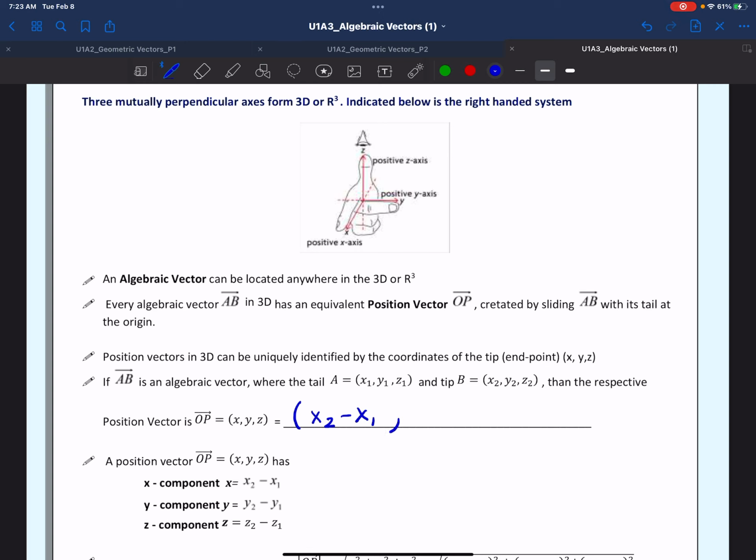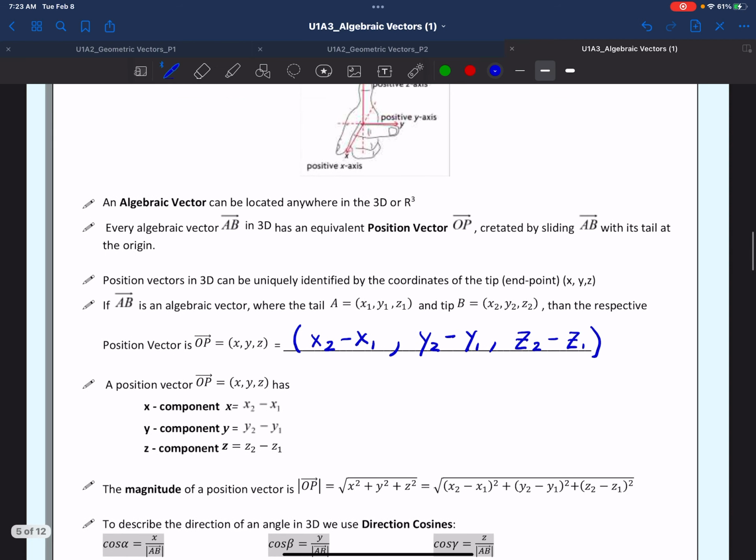For y of the position vector, we'll have the difference between the y coordinates of the head and the tail. And for the z of the position vector, we have the difference between the z coordinates of the algebraic vector, z2 minus z1.